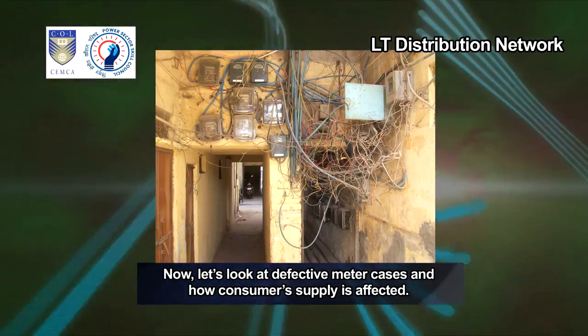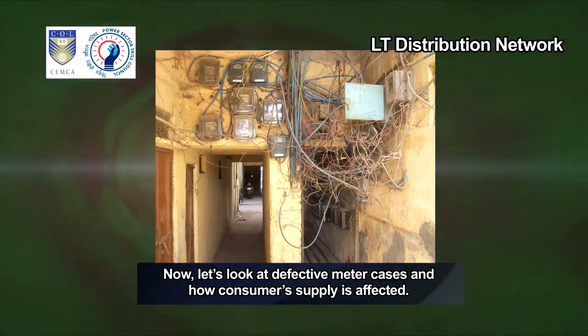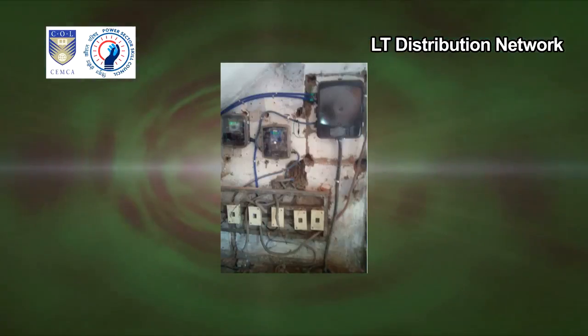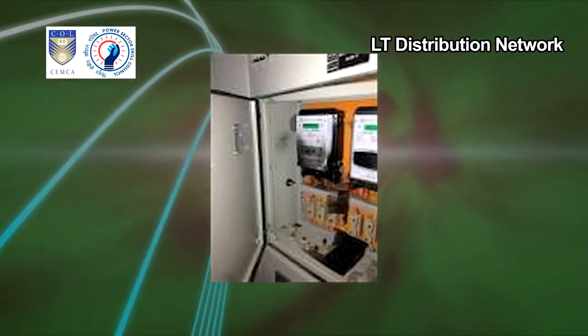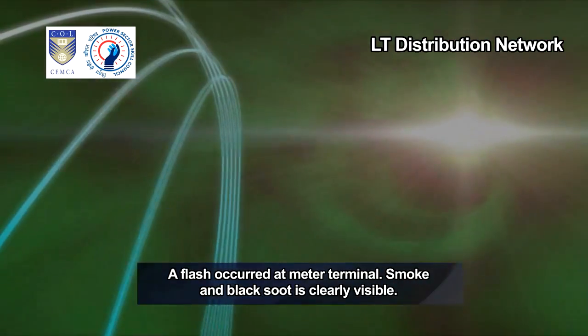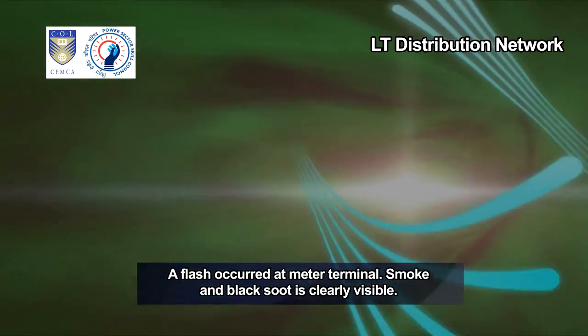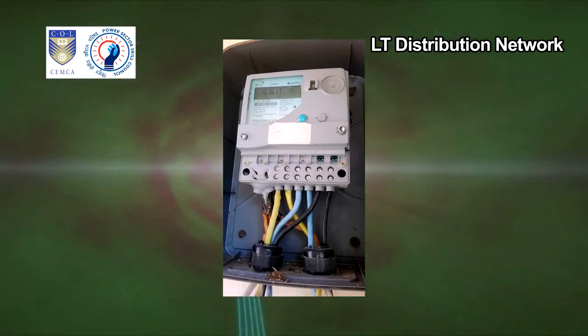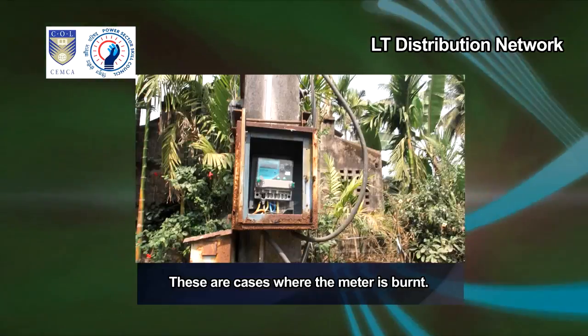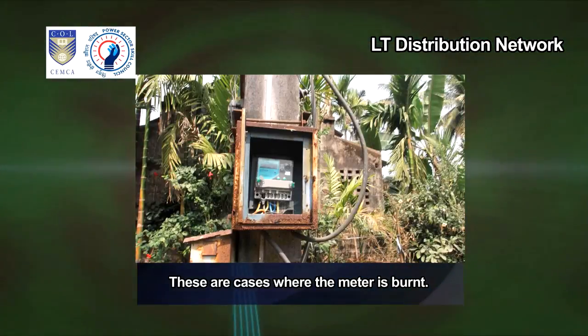Now, let's look at defective meter cases and how consumer supply is affected. A flash occurred at meter terminal. Smoke and black soot is clearly visible. These are cases where the meter is burnt.